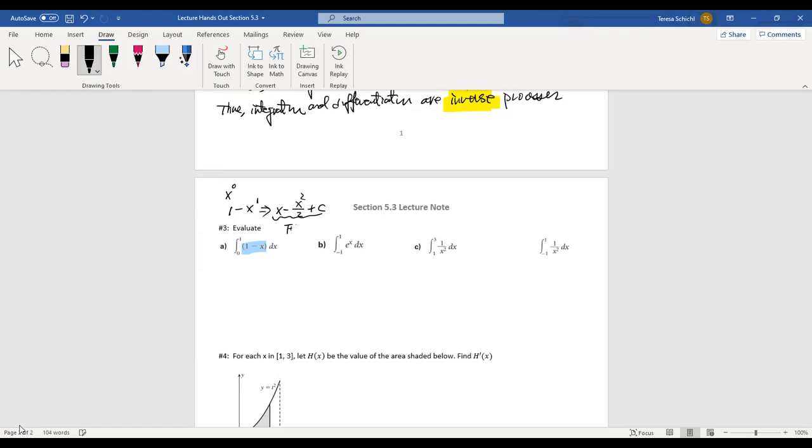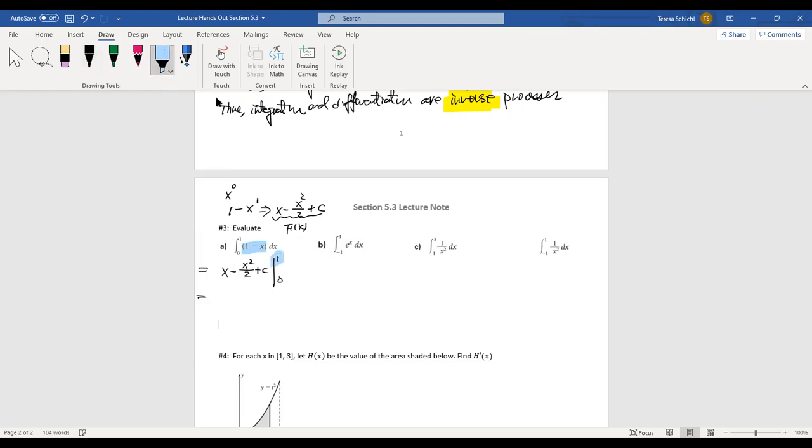So this is my f of x, correct? Okay, so now based on the Fundamental Theorem of Calculus Part 2, we know this will be equal to x minus x squared over 2 plus c, with the upper bound and the lower bound. Then you substitute your upper bound here.